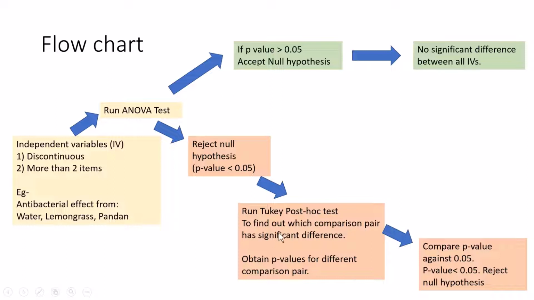To find out which comparison pair has a significant difference, you will run the Tukey post-hoc test. At the end, you will obtain p-values for all these comparison pairs. If the p-value is smaller than 0.05, then you will reject the null hypothesis. Just one thing though, p-value is always a small letter p. Okay, so next one.